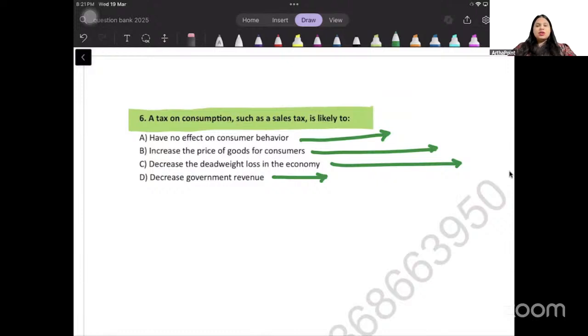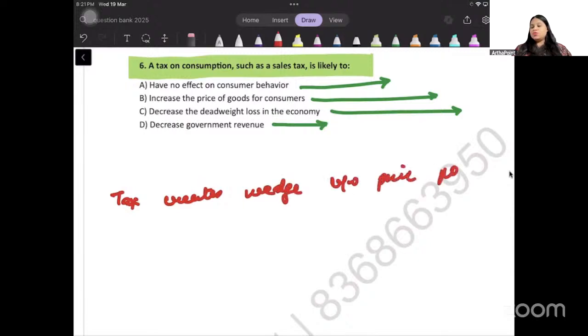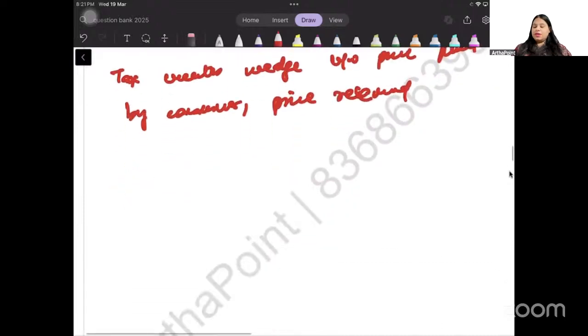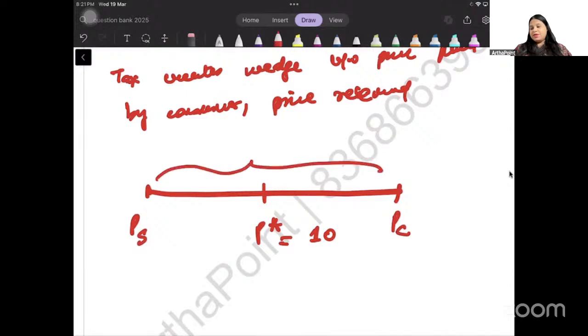A tax on consumption is likely to, करेक्ट बेटा, बहुत सिंपल है. तो हमें हमेशा से पता है कि a tax generally it creates a wedge between price paid by consumer and price received by producer. है ना? तो अगर इनिशियली मार्केट इक्विलिब्रियम पी स्टार है, सपोज 10 रुपीज, तो आफ्टर टैक्स क्या होगा? ये प्राइस कंज्यूमर पे करेगा पीसी, ये प्राइस प्रोड्यूसर रिसीव करेगा पीएस, एंड दिस गैप विल बी टी.